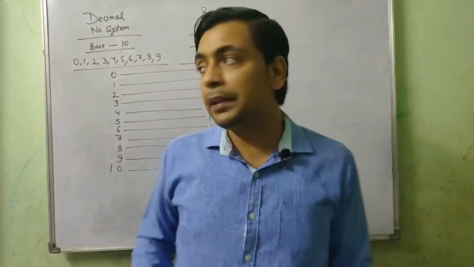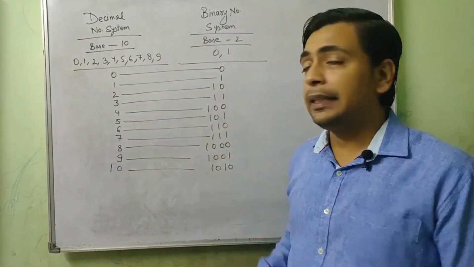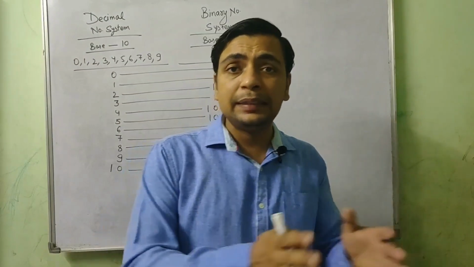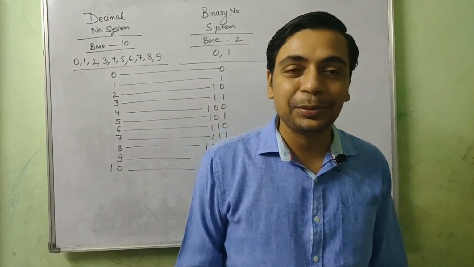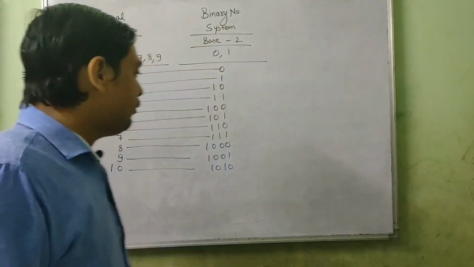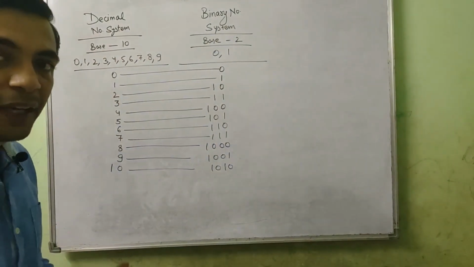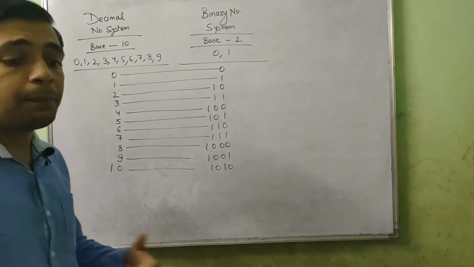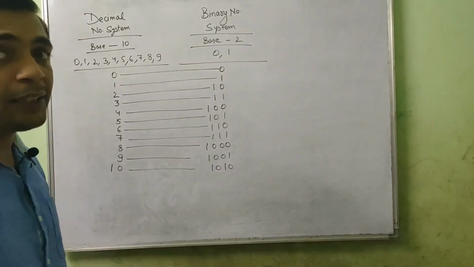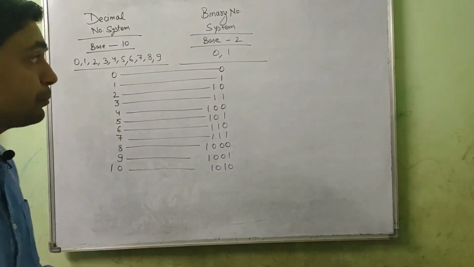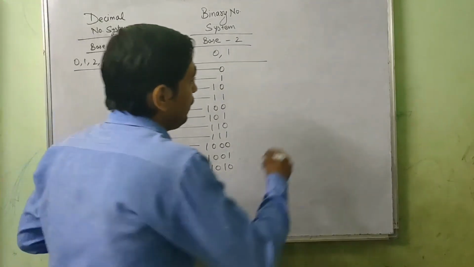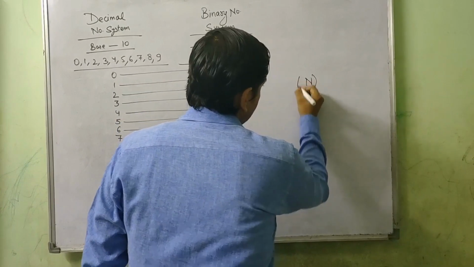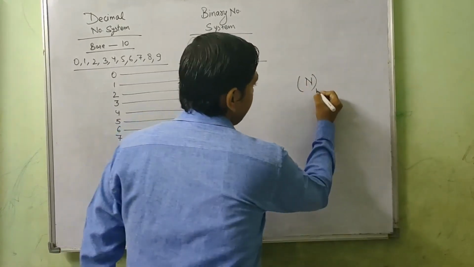So if you want to represent 5 in binary, you will represent it as 101, and I remind you, it's not one hundred one, okay, it's one zero one. Now whenever you represent any number in a specific number system, you also represent the base or radix of that number system. For example, if I am representing 10 in decimal, I will write the number in parentheses and then write the base.